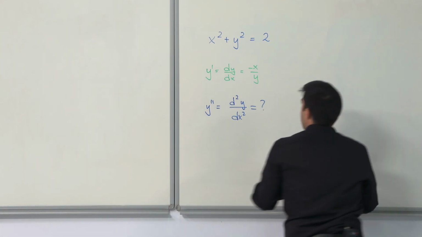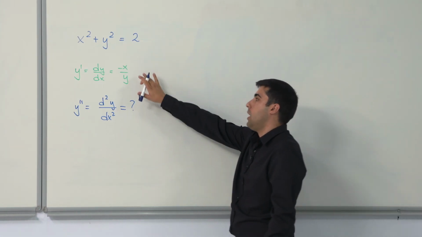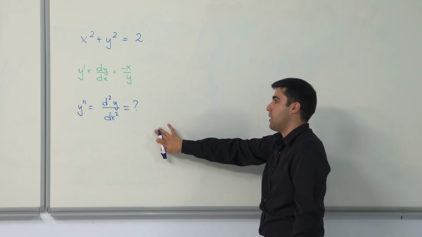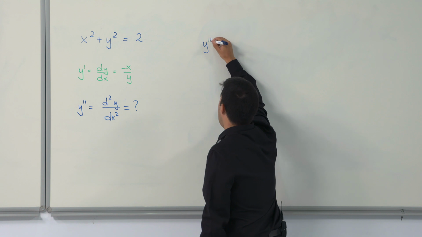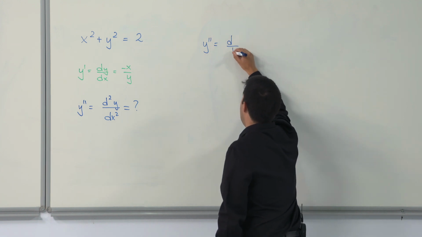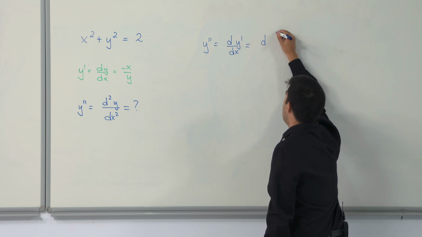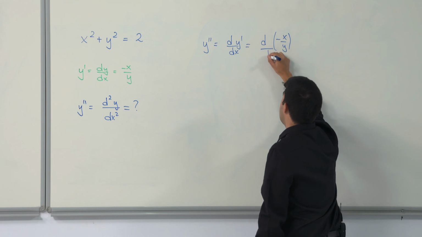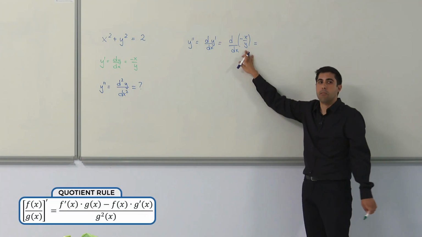So that's the question. We can have two methods to find this. For the first one, we know that the second derivative is the derivative of the first derivative. As we have calculated the first derivative, we can take the derivative again to find the second derivative. That means y double prime is the derivative of y prime, so d of minus x over y dx. Here we have a quotient, so we need to use the quotient rule.